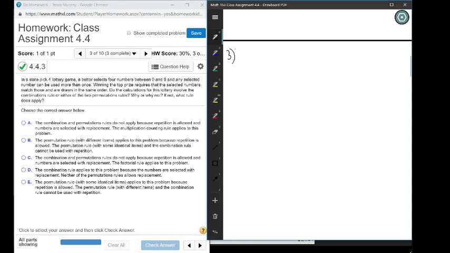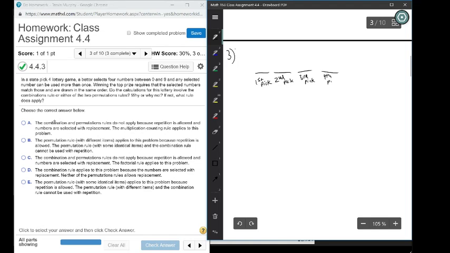So we are choosing, we have 4 possibilities. First pick, second pick, third pick, and the fourth pick. Now any number can be used more than once.